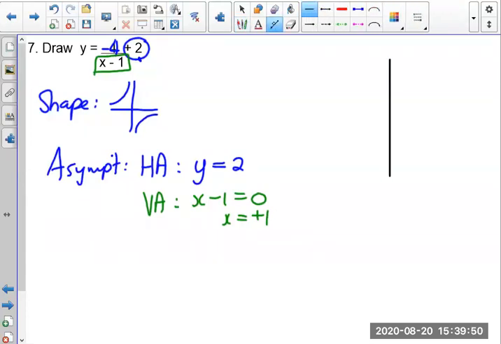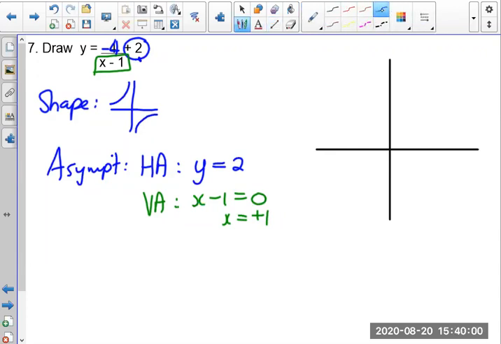And if you want to draw, you always start with the asymptotes in any case. So y equals 2, remember dotted lines. So y equals 2 is above the x-axis somewhere there. x equals 1, so it's this side of the y-axis. x equals +1. Now the hyperbola shifted up and to the right.